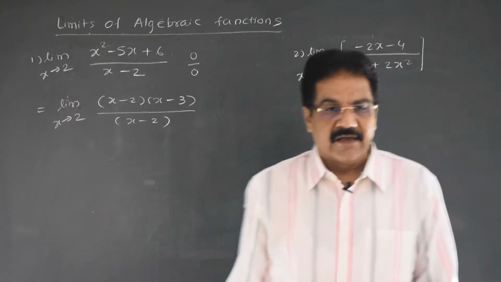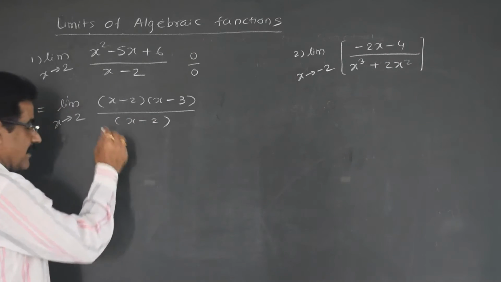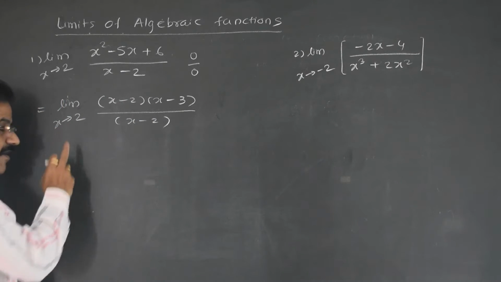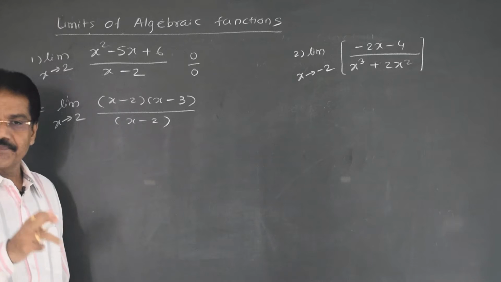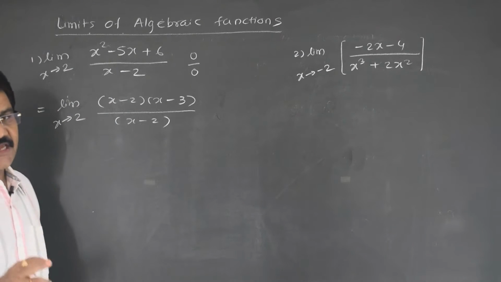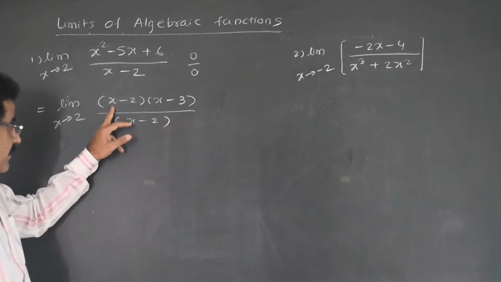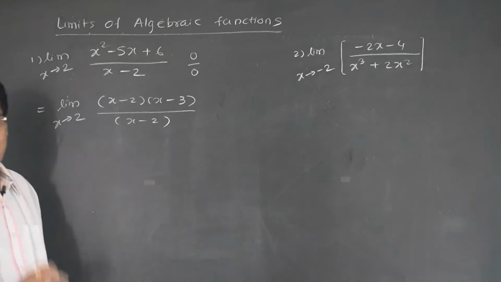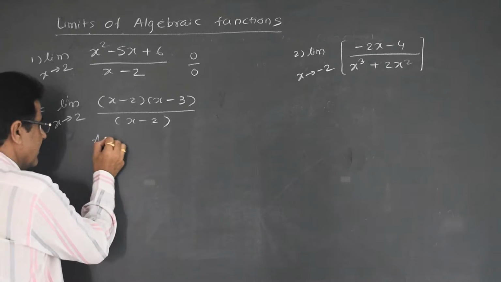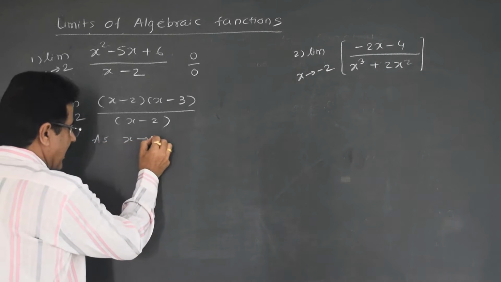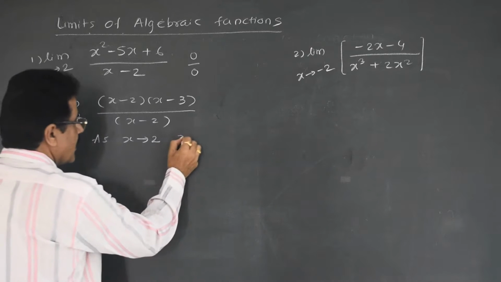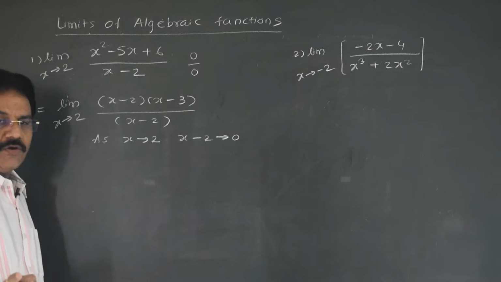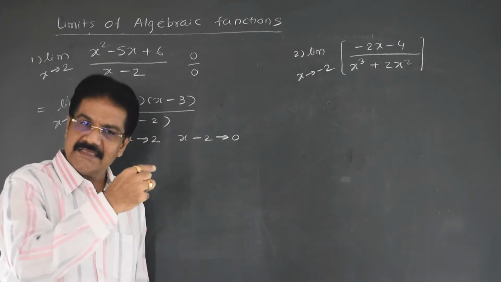Remember that whenever you do the calculation, we cannot cancel 0 upon 0, but here the value of x is tending to 2. It's not exactly equal to 2. If it is exactly 2, then it becomes 2 minus 2 is 0, and we cannot cancel that. But here you have to remember that x is tending to 2, so x minus 2 is tending to 0, not equal to 0, means we are not cancelling 0 upon 0.